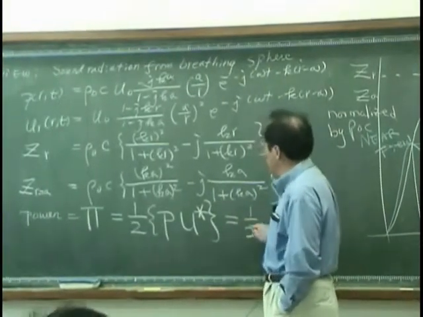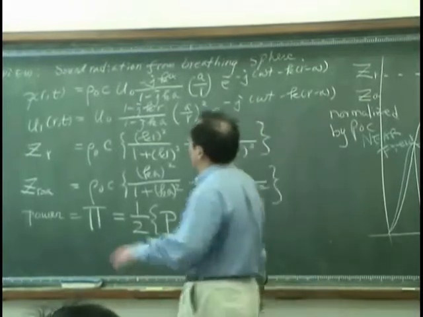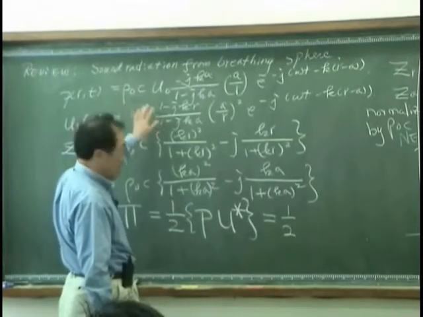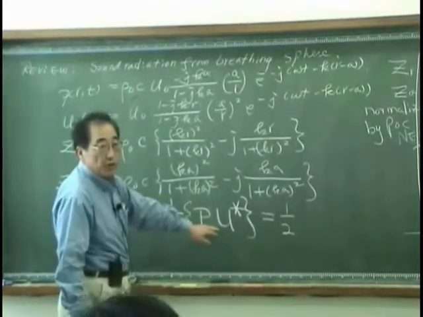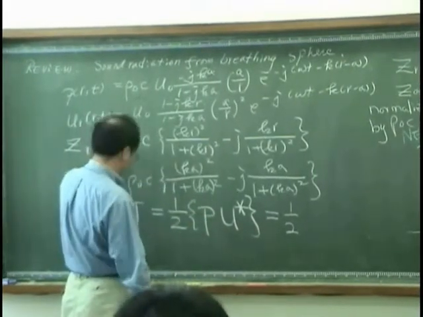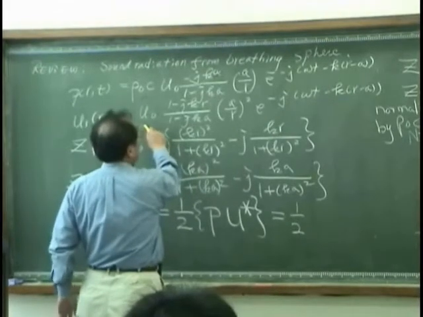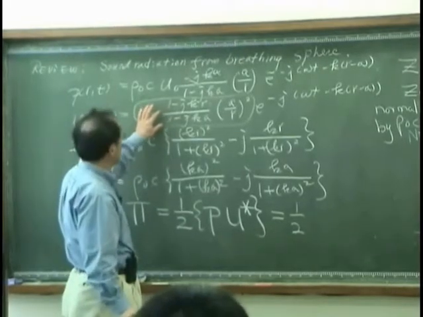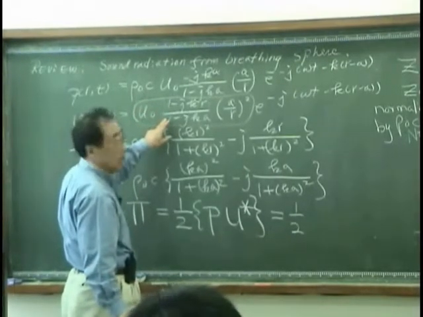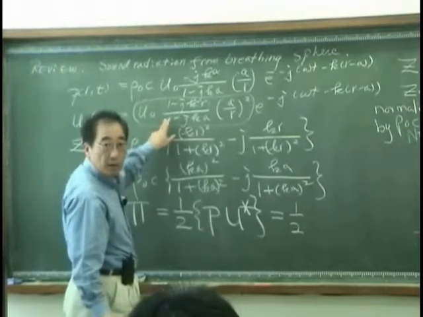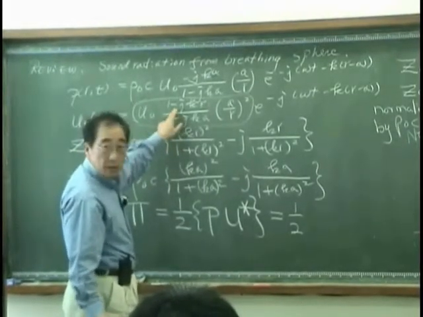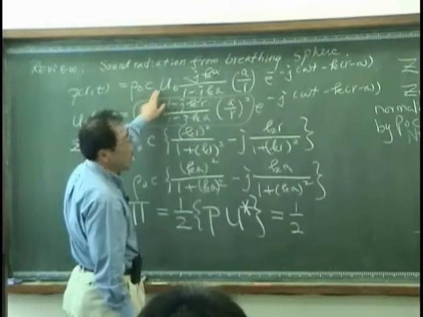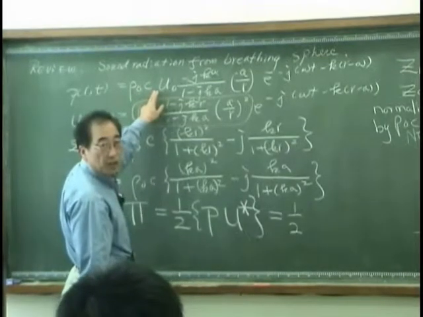what is it? 1/2 the complex amplitude of pressure is this, and multiply by the conjugate of the complex amplitude of u, that is what? This one, conjugate. What is the conjugate of this one? Okay, we don't have to take a conjugate of this one.